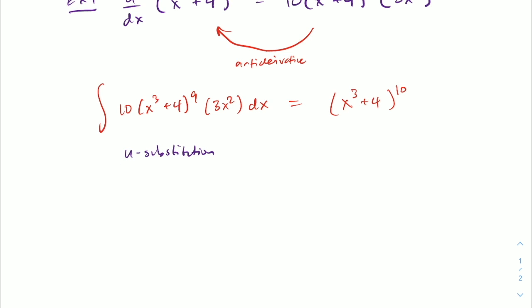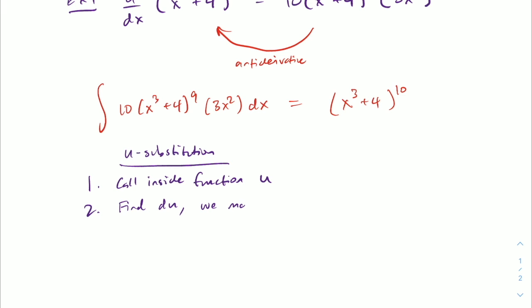So here's the first step. Step 1 is we want to call the inside function u. And then secondly, we're going to find du. We're going to differentiate this inside function to find du. We may need to adjust this slightly.